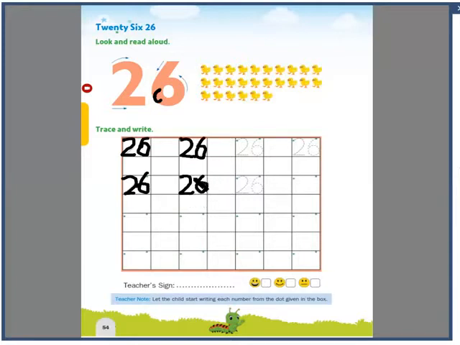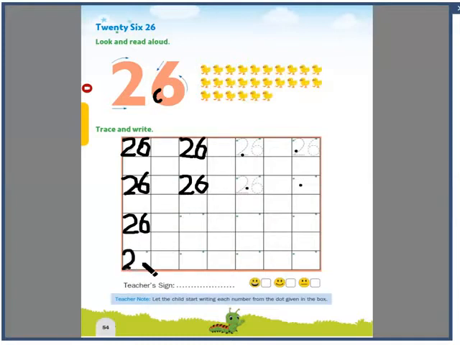After that, you complete the tracings in the given boxes and start writing here. They have given the green dots, no? Start at the green dots. 2, 6. Starting points are given here.